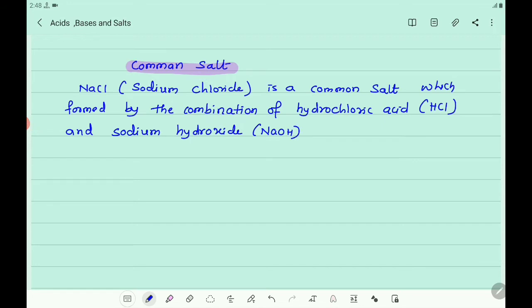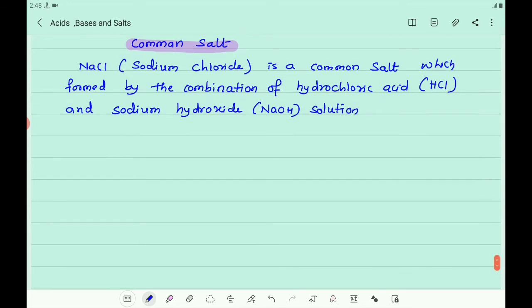So you write hydrochloric acid and sodium hydroxide solution. So it is a salt formed by the combination of hydrochloric acid and sodium hydroxide solution. And this is a salt that you use in food. So it is also called cooking salt.